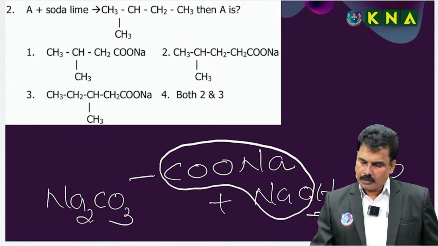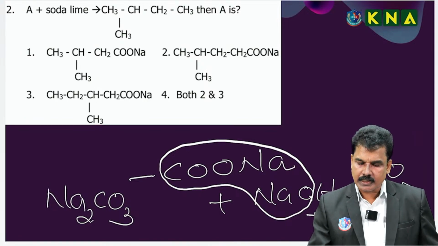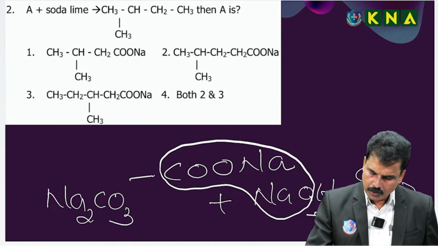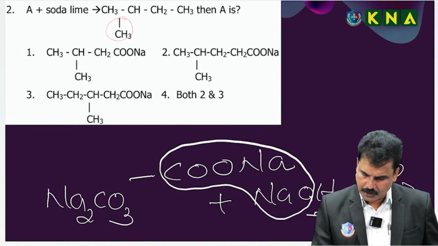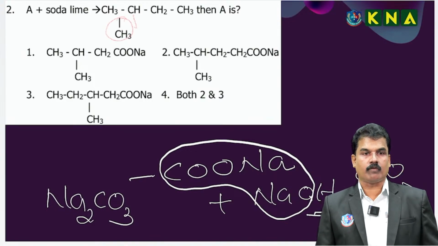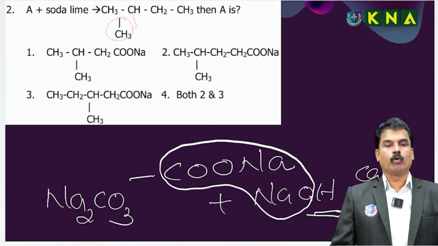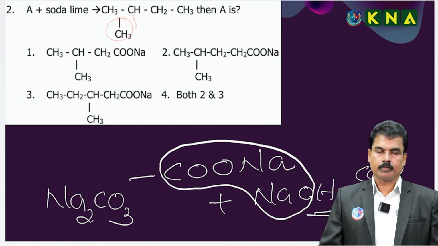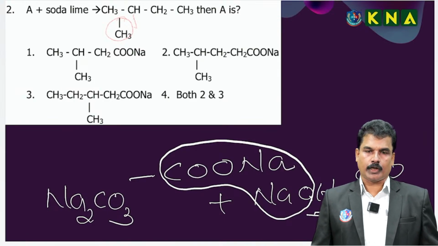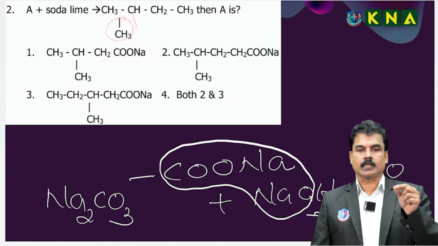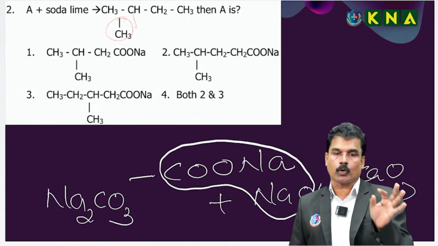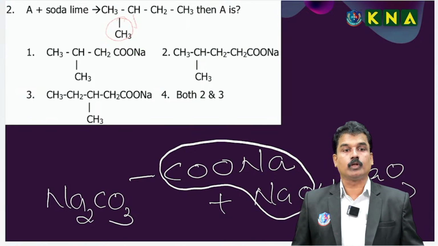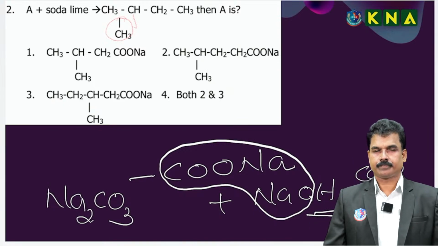The hydrocarbon is given as CH3, CH3. This CH3 is connected to the second carbon, then only the valence will be correct. The molecule has how many carbon atoms in total? 5 carbon atoms, with a CH3 group on the second carbon atom. A CH3 group on the second carbon atom means we can use the root name iso. So the molecule is isopentane.